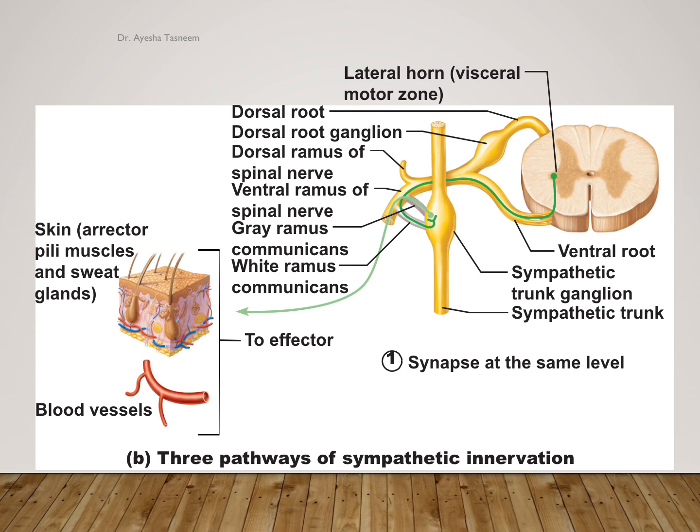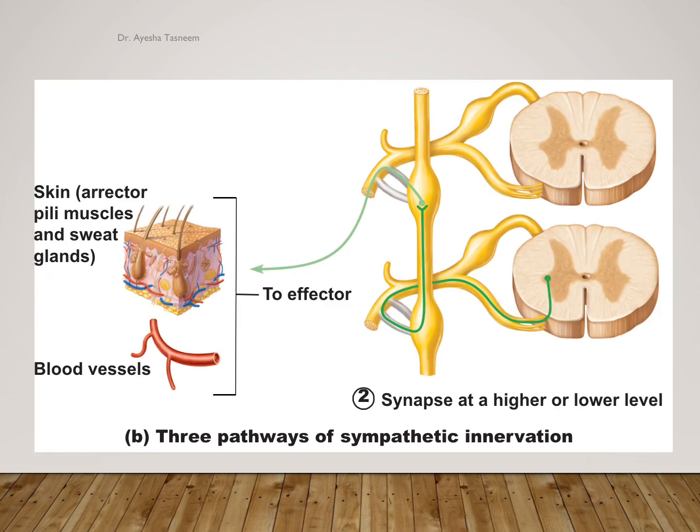They synapse with the ganglionic neuron within the same ganglion. The synapse is in the same ganglion where the preganglionic fibers come. The second type, it may ascend or descend in the sympathetic trunk to synapse in another trunk ganglion. Here you can see the fibers are descending.